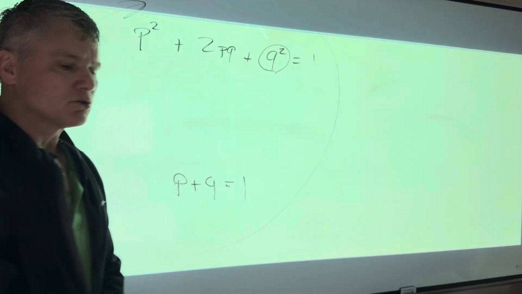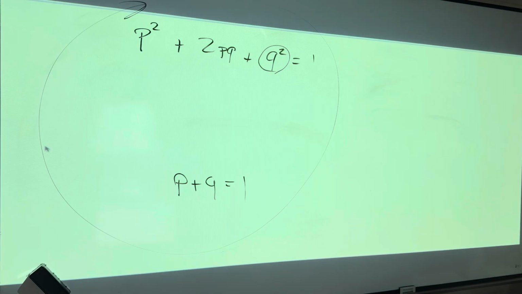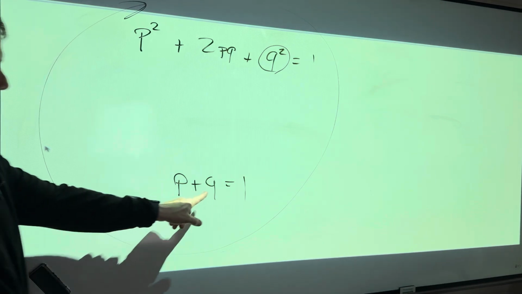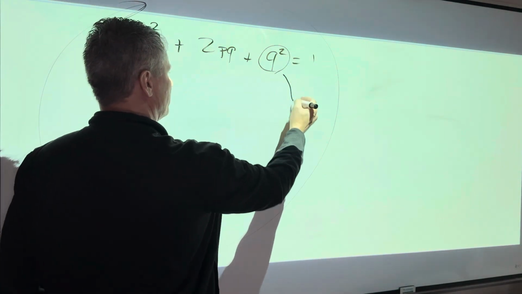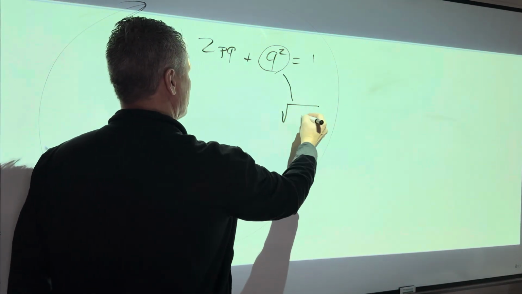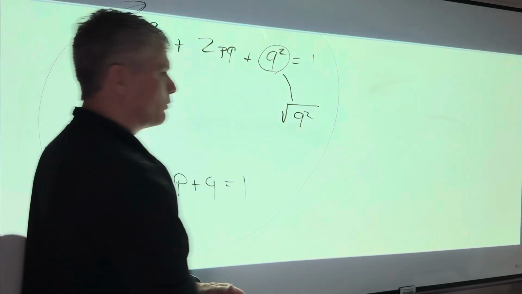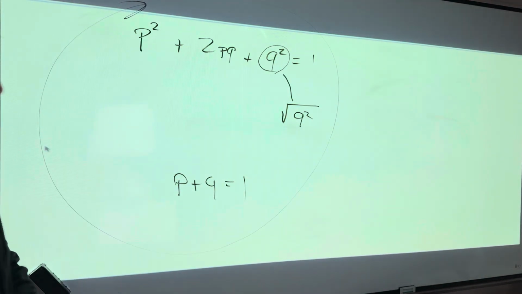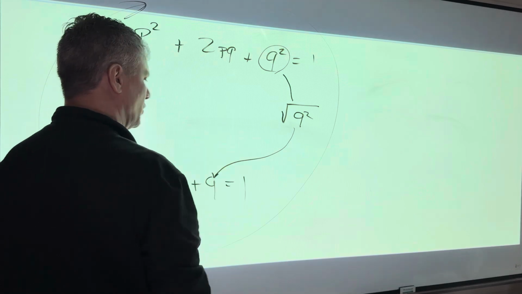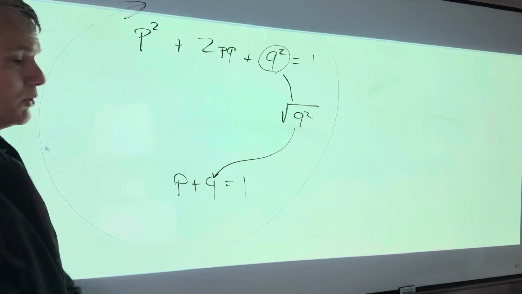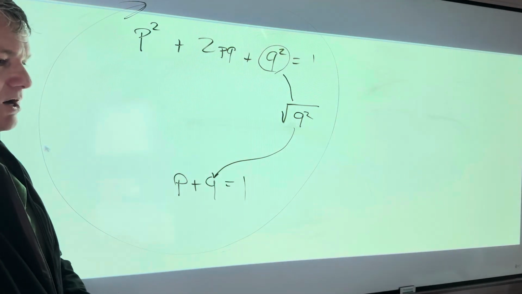Once they give you Q squared, you just have to do one simple thing on your calculator: take the square root of whatever Q squared is. That's going to give you Q. Once you get Q, it's over.